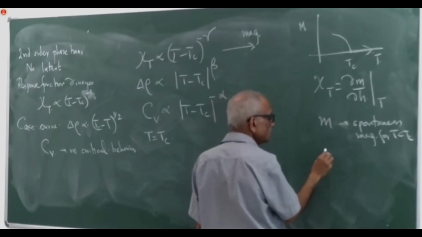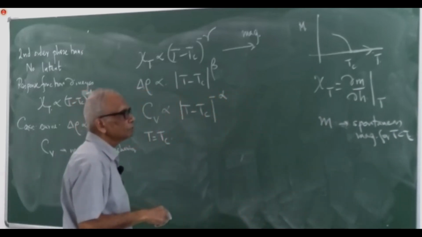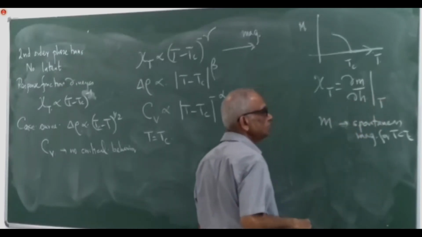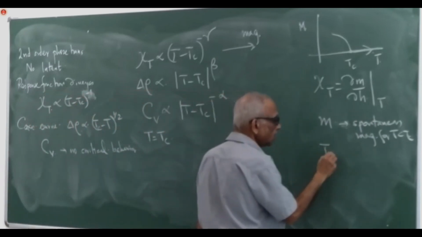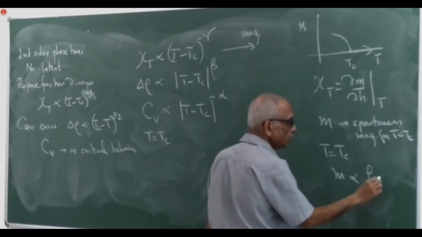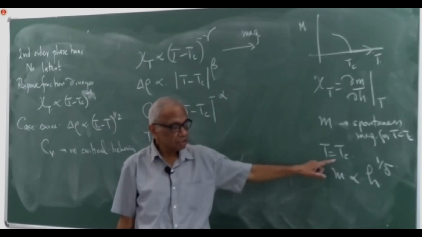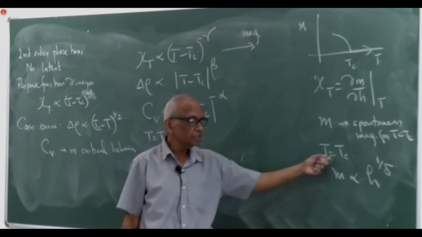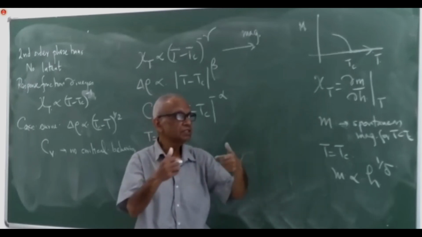And at Tc, if I switch on a little bit of field, so this is del M del H at some T, and then you sit at T equal to Tc, your magnetization is proportional to H to the power 1 over delta. In the limit of H tending to 0, I don't have any magnetization at T equal to Tc. It is only when you go below Tc that the magnetization shows up.